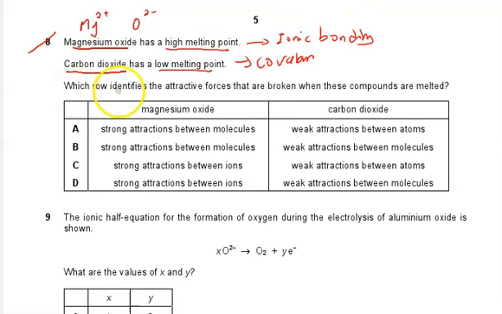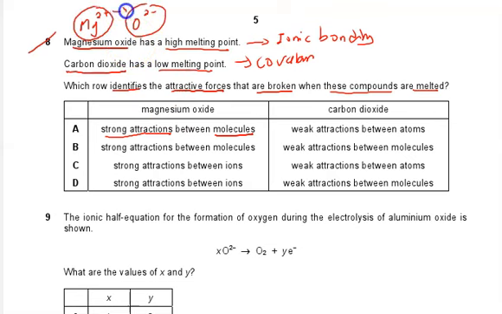Which row identifies the attractive force that are broken when these compounds are melted? Okay, now let us look at here. Strong attraction between molecules. For magnesium oxide, it is not a molecule, it is ion.